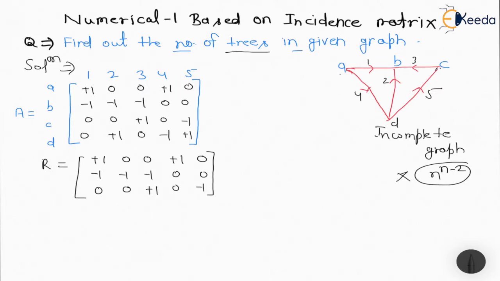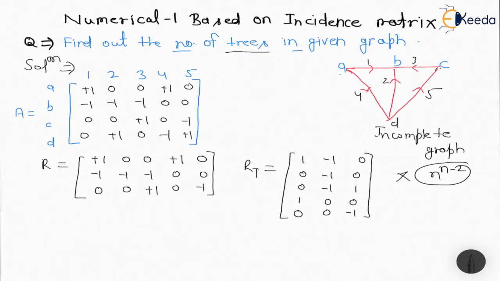And R transpose will be equal to: 1, 0, 0; 1, 0, minus 1; minus 1, minus 1, 0; 0, 0, 1; 0, minus 1... So this is R transpose.